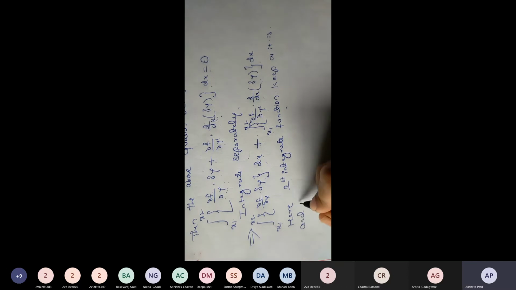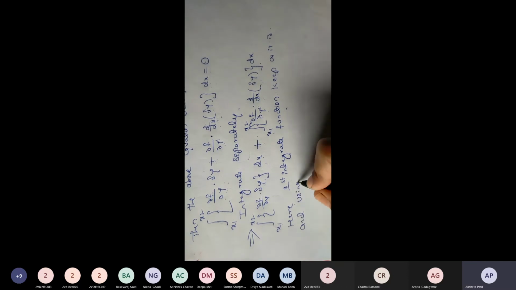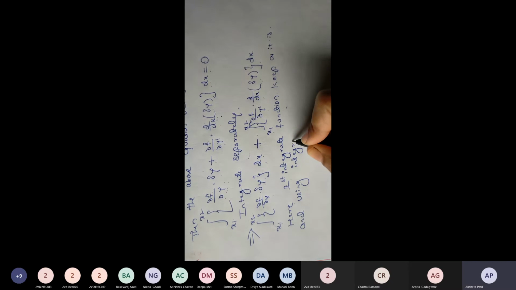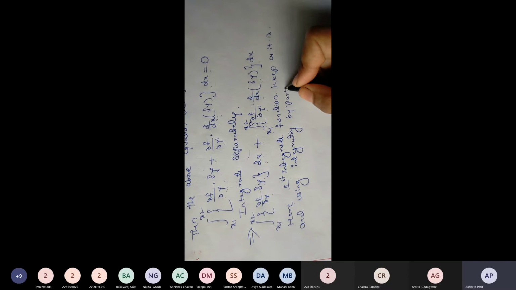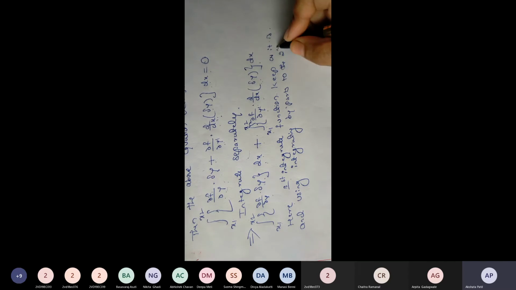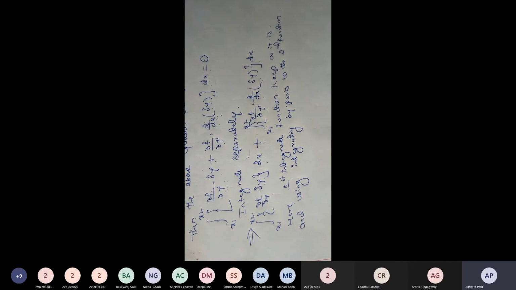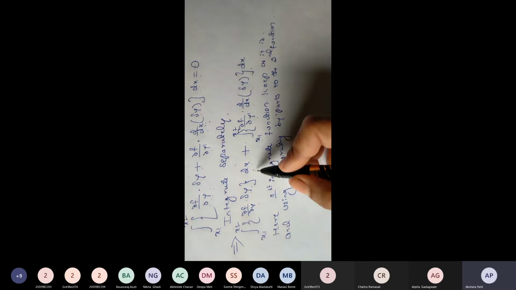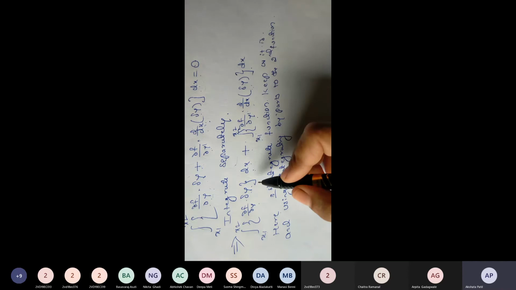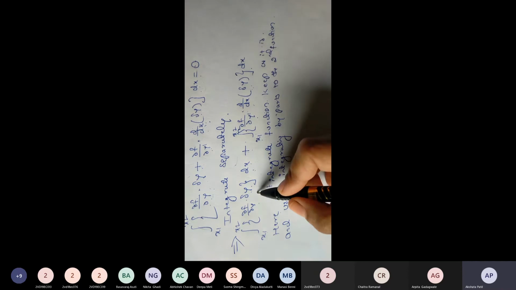Using integrating by parts on the second function. Okay, on the second function. This first function, don't use integrating by parts, keep as it is.